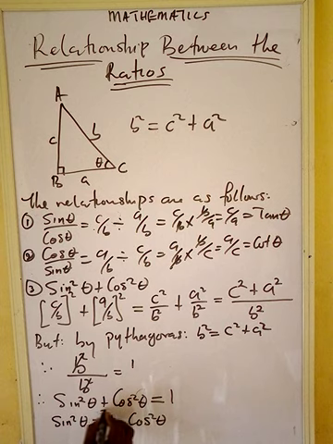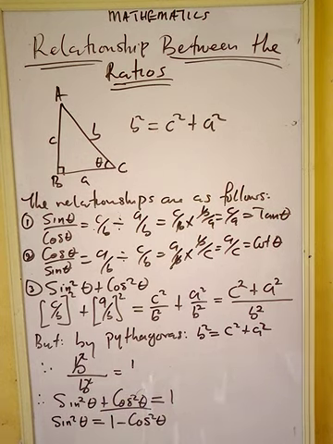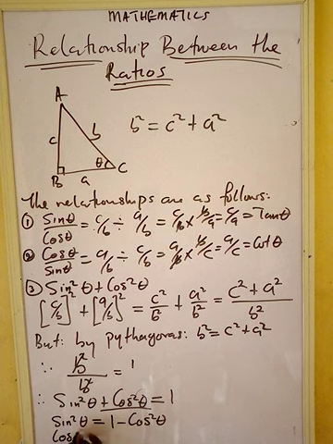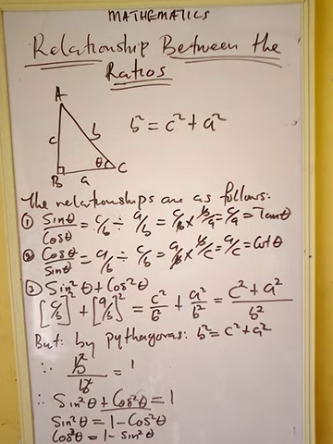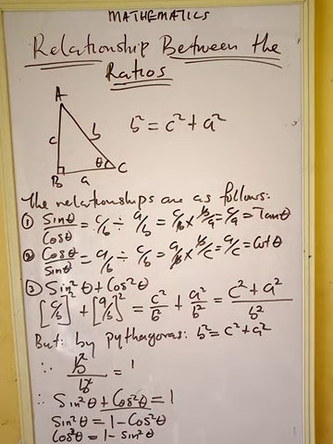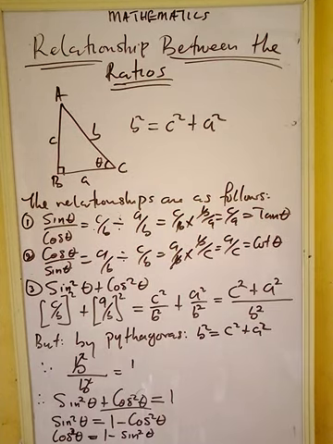You bring the plus cos theta squared to the other side, and it turns to minus cos theta squared. In the same way, cos theta squared is the same thing as 1 minus sin theta squared. This is the relationship that exists between both of them.